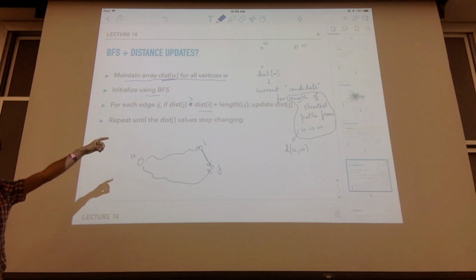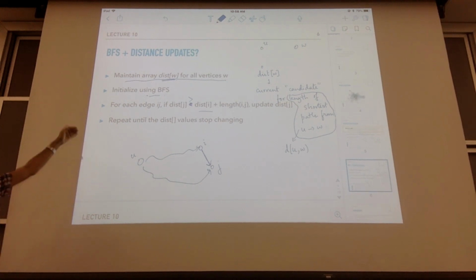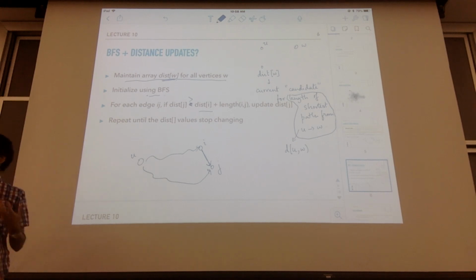Make this check for every edge, and you just keep repeating this process until the dist values stop changing. So at some point you will not notice any more improvements. At that point, you stop. Okay, so this is the whole algorithm. So any questions about the algorithm?